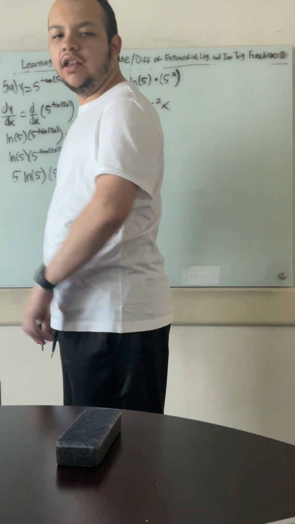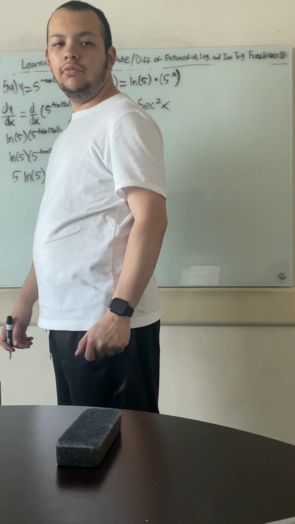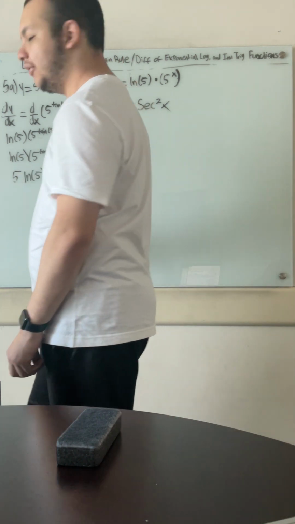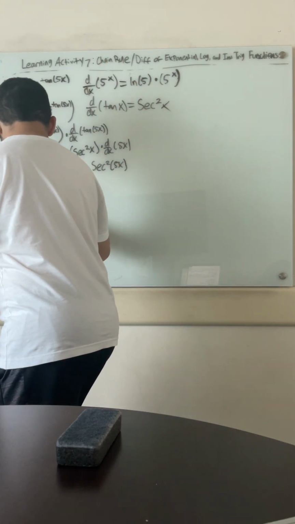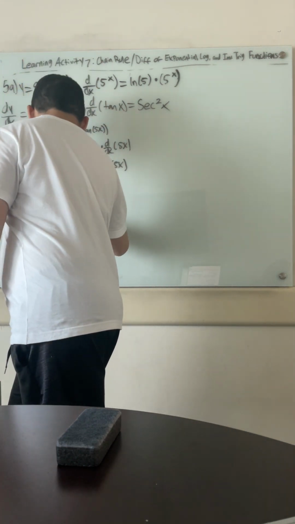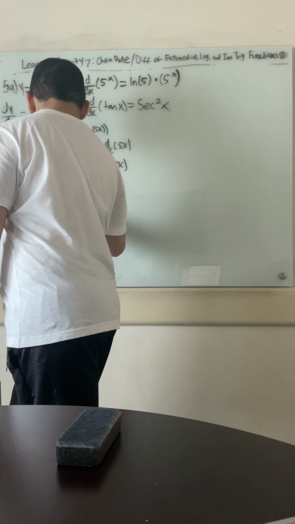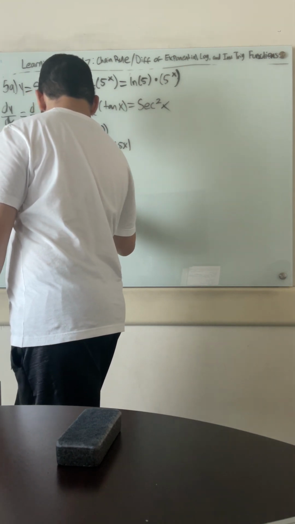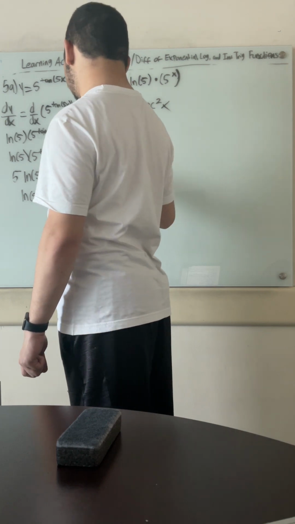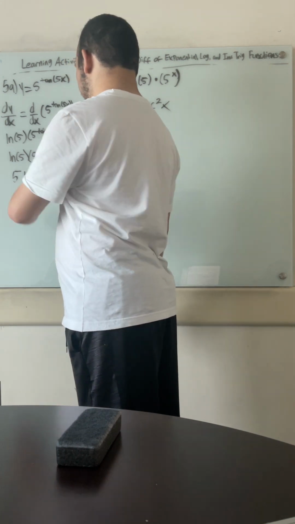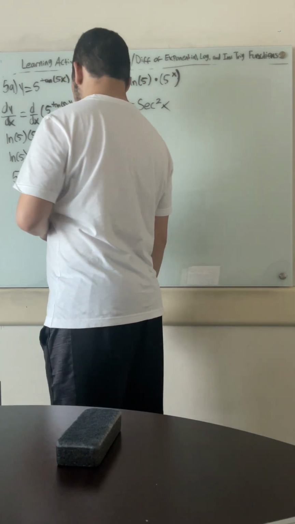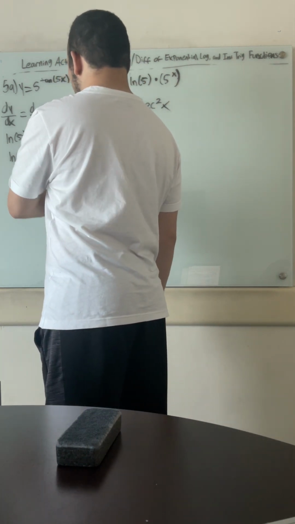Okay, now that we have this, we can simplify this a little bit more. So we have ln of 5 times 5 to the power of 1 plus the tangent of 5x. The reason I got this 5 to the power of 1 plus tangent of 5x is because we take this 5 here and convert it into 5 to the 1 power.